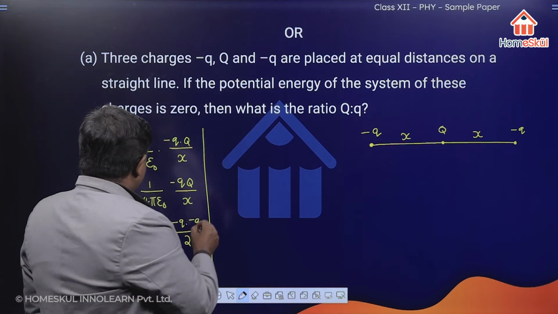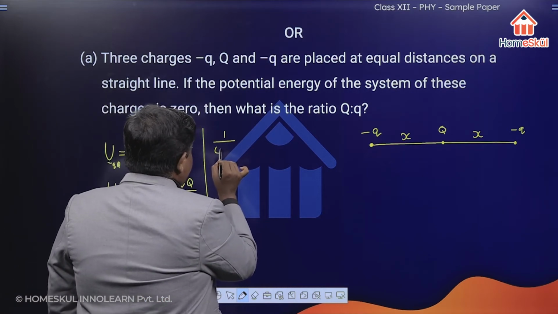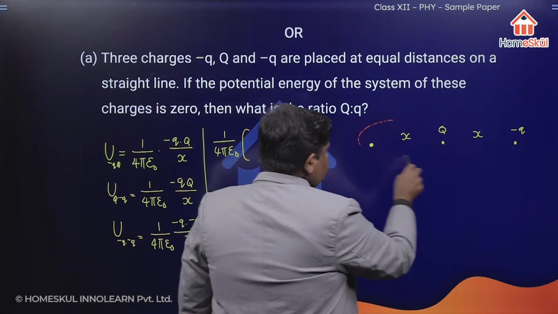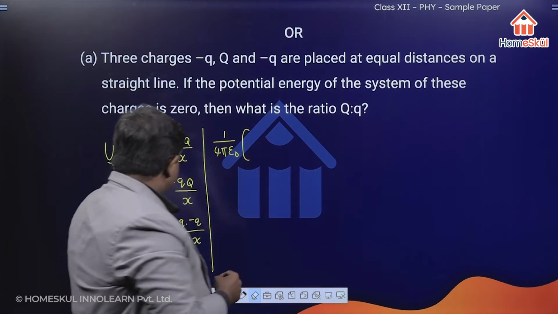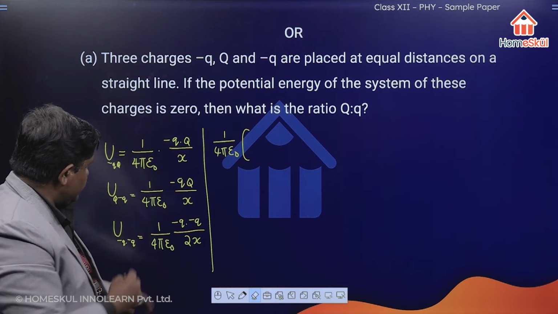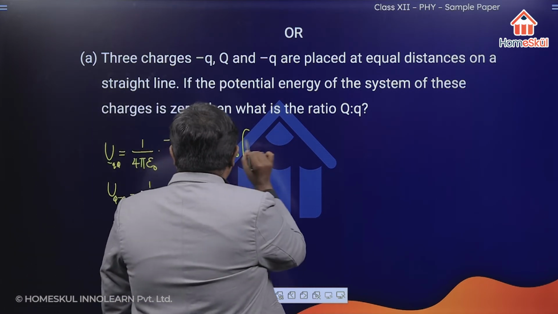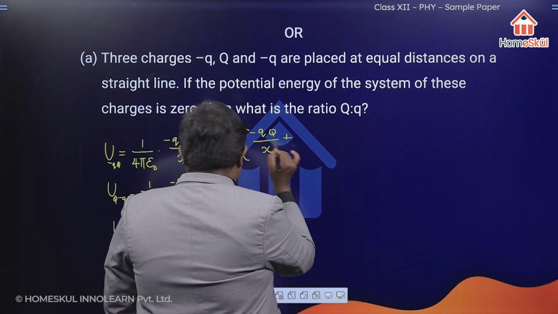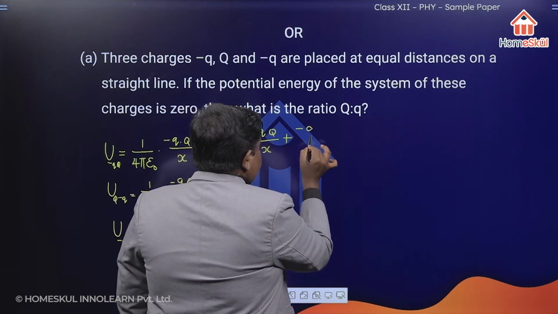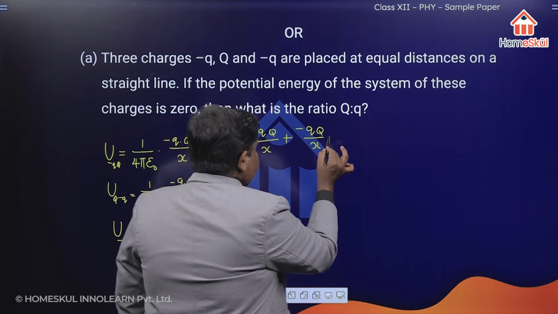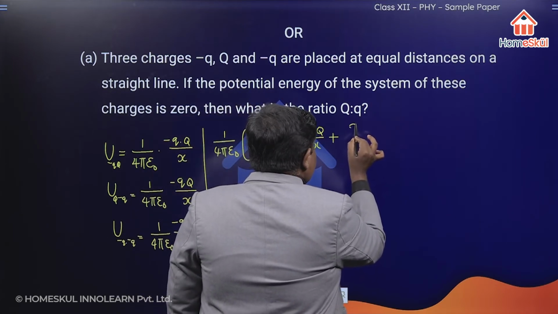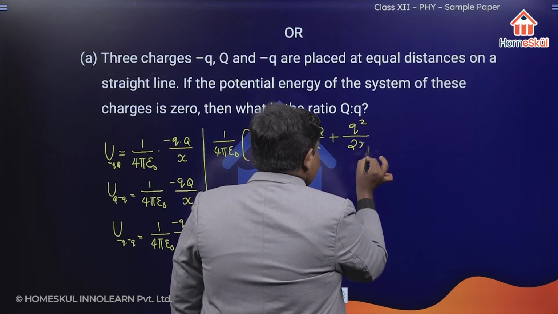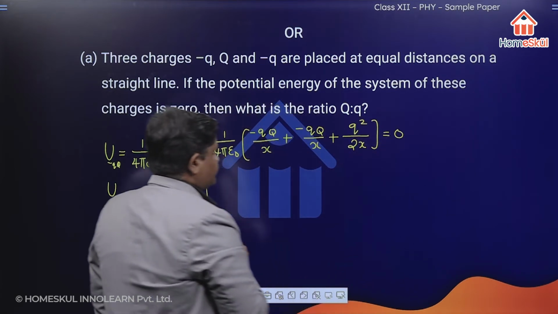So we have to write it as 1 by 4 pi epsilon 0 into, here the 1 by 4 pi epsilon 0 is common, right? So we have to take it outside, into minus Q by x plus minus Q by x plus Q square by 2x is equal to 0.